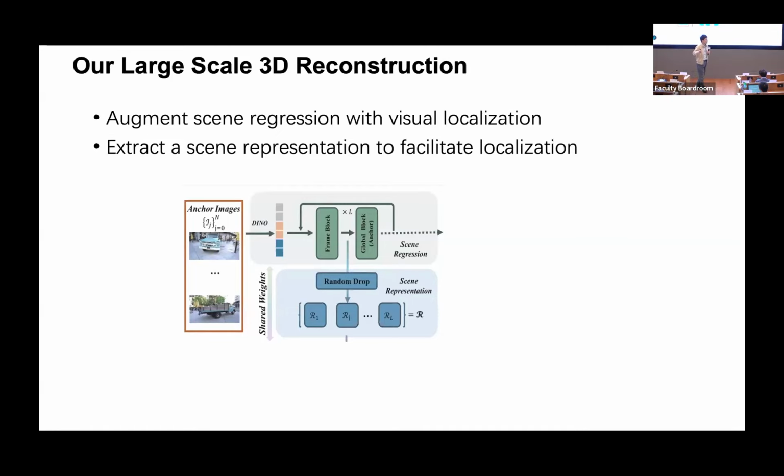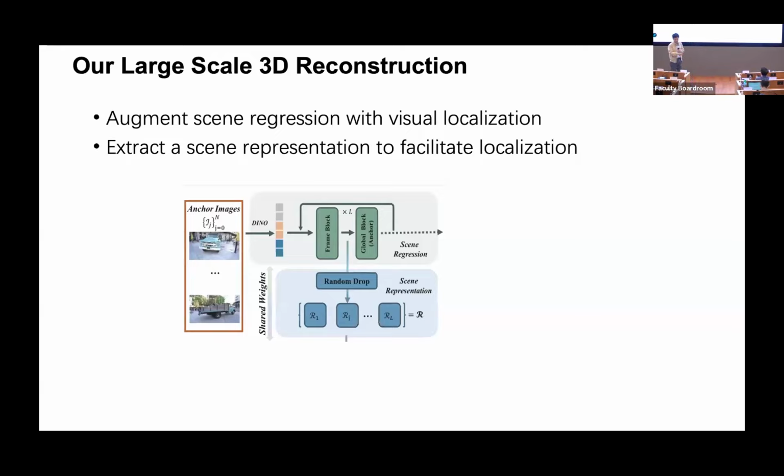Instead of feeding all the images to the GPU memory, we first pick a subset of so-called anchor images, which should cover the entire scene. We perform the mapping just with those anchor images and get a 3D scene representation.